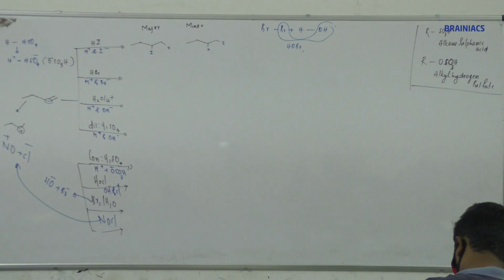You have to show the OH lines. Anything other than hydrogen will be there. If NOCl is added, you should show NO and Cl also.